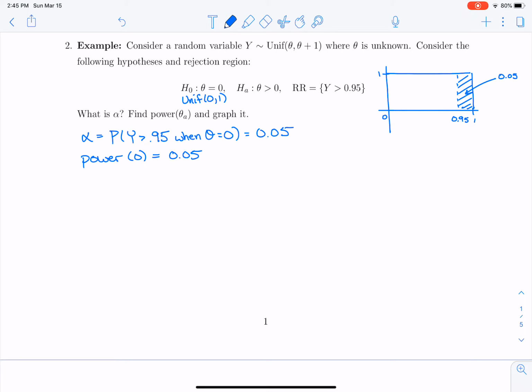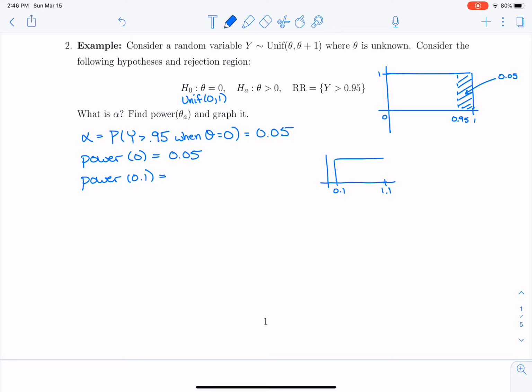Now, what is the power of an alternative of 0.1? Let's suppose in this case that theta is 0.1. I'm going to draw a little picture off to the side here. Theta is now 0.1, and so our probability distribution is non-zero between 0.1 and 1.1.